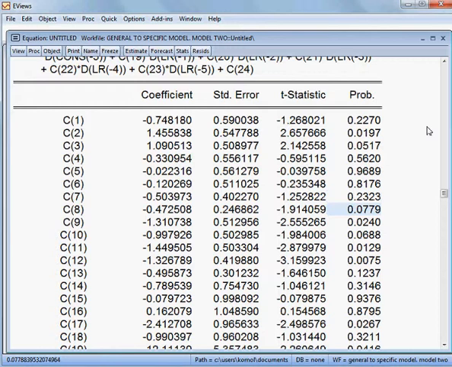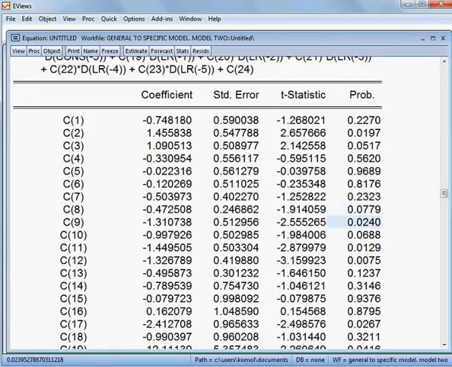C8, yes, the probability value is 7.79%, which is less than 10%. Here we shall be choosing a 10% level of significance, not 5%. So 7.79%, okay, this C8 is significant.